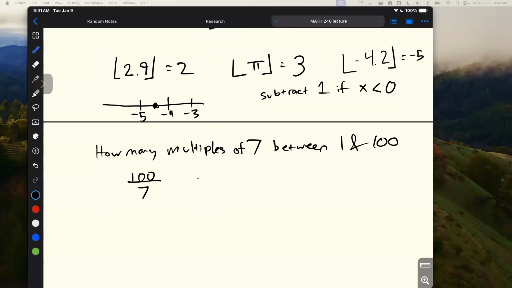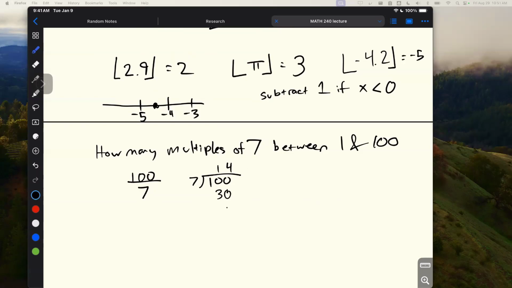If we do this long division style, 7 goes into 10 once, remainder 3. 7 goes into 30 4 times. When I get up here, it becomes impossible to do mental math.